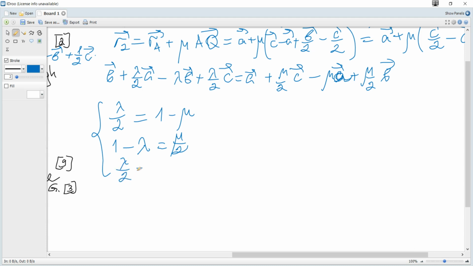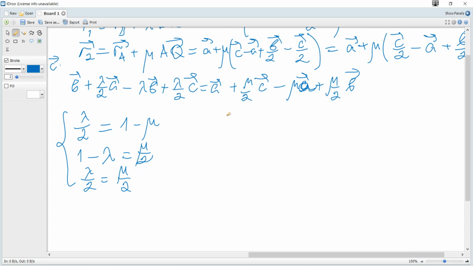lambda over 2 is equal to mu over 2, and from the third we can see that lambda is equal to mu. Let's consider the first: lambda over 2 is 1 minus lambda, so 3 over 2 lambda is 1, so lambda is 2/3, and hence mu is 2/3.